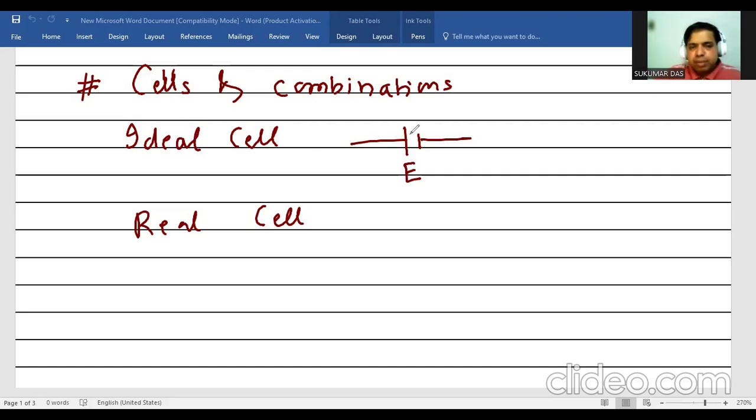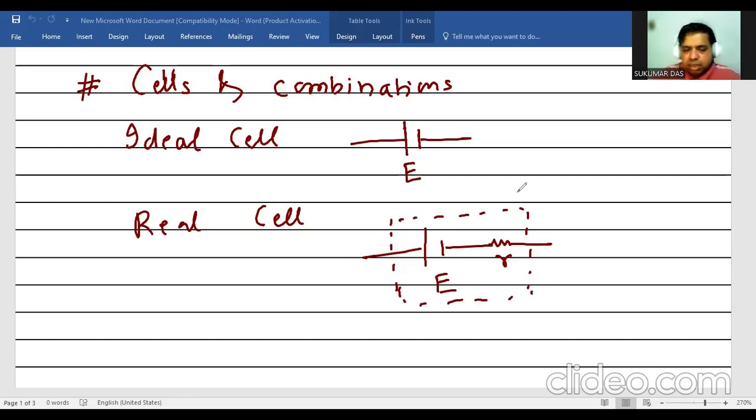So ideal cell will be represented just by writing its EMF. Whereas real cell has one internal resistance attached to it. So if this is the EMF, we will write internal resistance as small r. This complete dotted structure is the cell boundary. So within the cell boundary, we will have that EMF and the internal resistance.